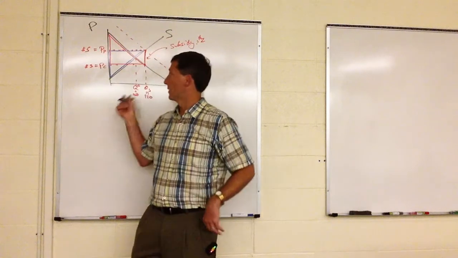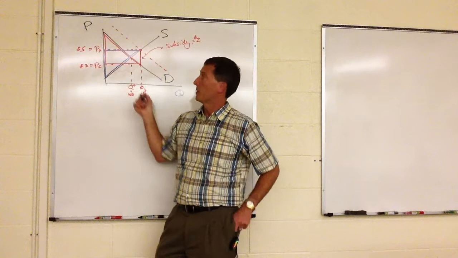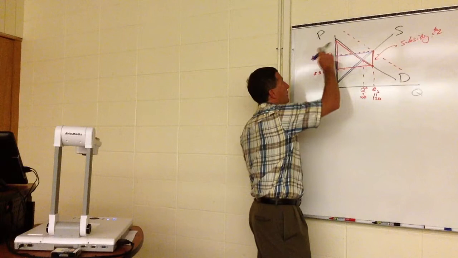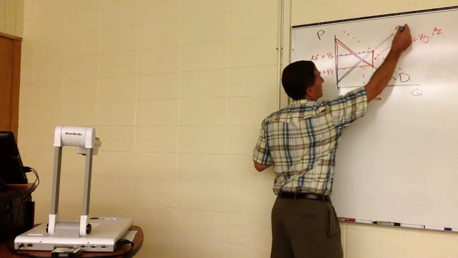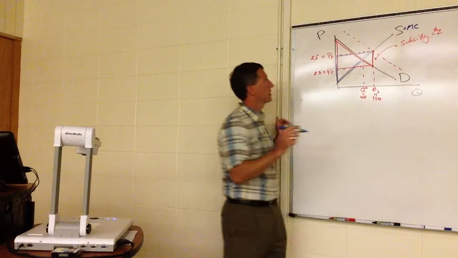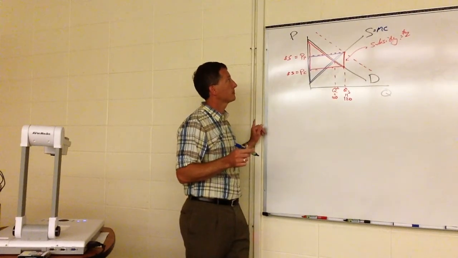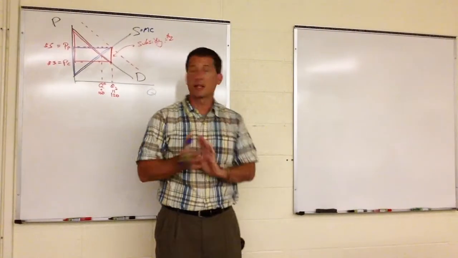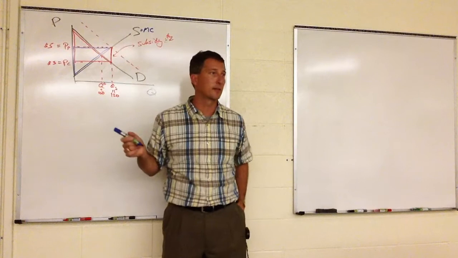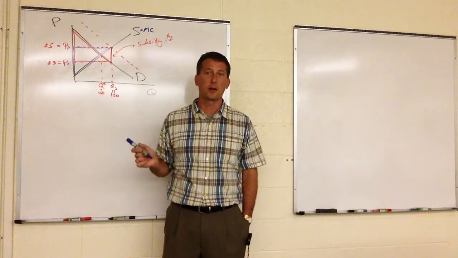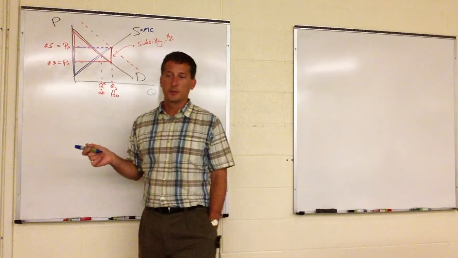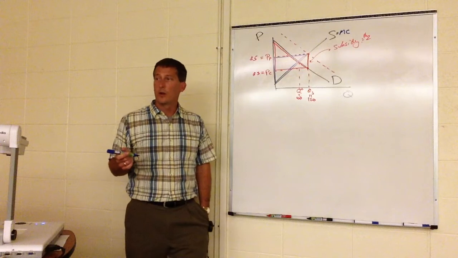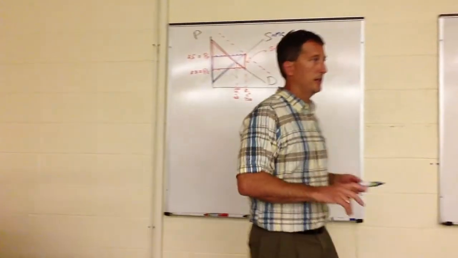And for the producers, it's the difference between what you actually get for your product and the minimum amount you must get, which is the supply curve, which is the marginal cost curve. All right, so that's a quick snapshot of a subsidy, but then you've got to use the appropriate inverse functions and work the problem just like we just did. All right, any questions there?